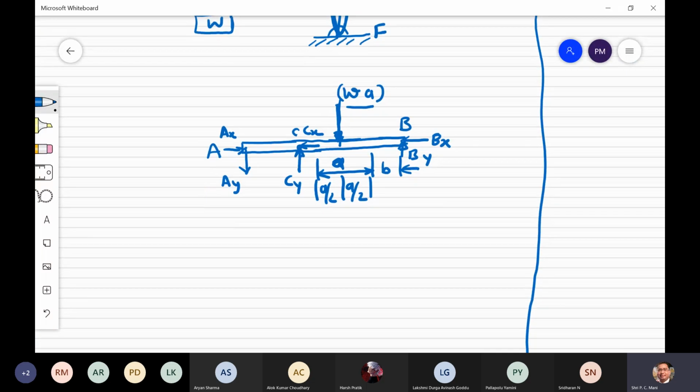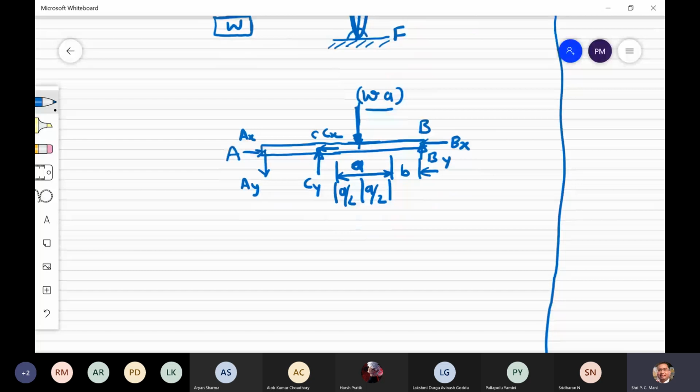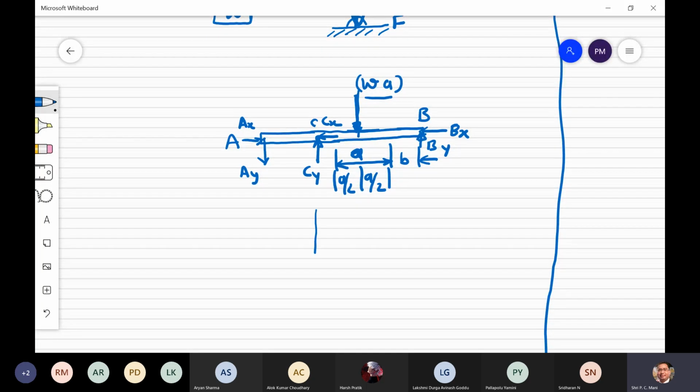Now the vertical member is this one. This one is F, this one is C, and this one is D. At C, opposite to that, this one is Cx, and opposite to this one, Cy.